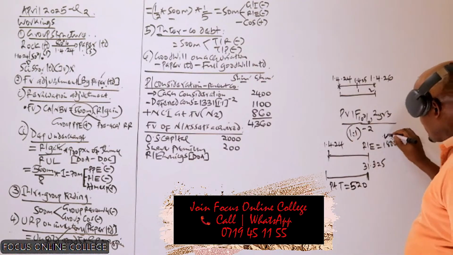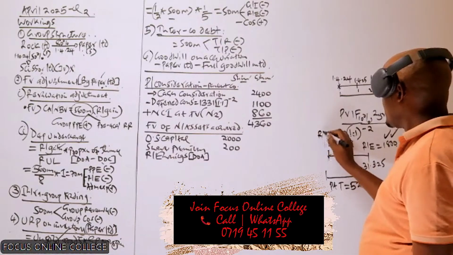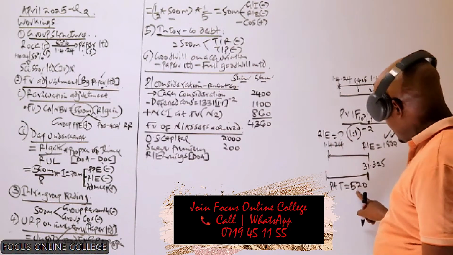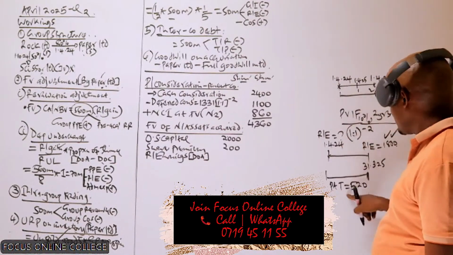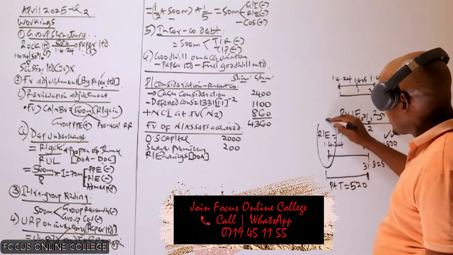So how do we arrive at the retained earnings at the end? To arrive at this, we take the retained earnings at the start, which we don't have, and add this, we get this. What we are interested with is the retained earnings at this date.